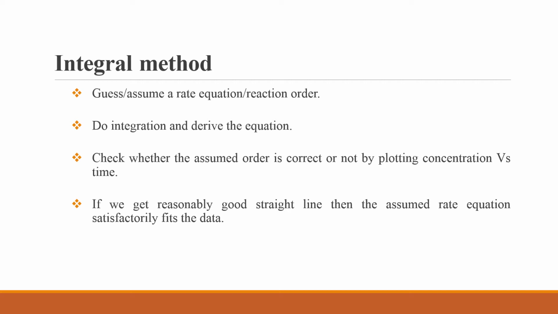Then check whether the assumed order is correct or not by plotting concentration versus time. After plotting concentration versus time, if we get reasonably good straight line, then the assumed rate equation is correct, meaning the assumed rate equation satisfactorily fits the data.